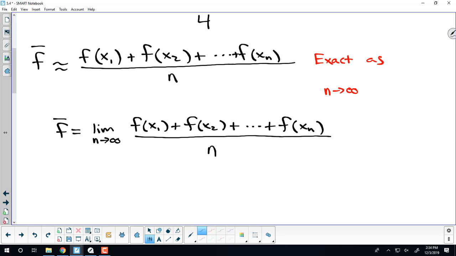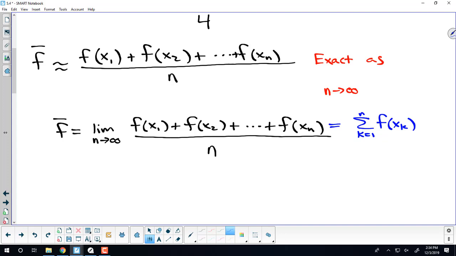And in order to make a little bit more sense out of this expression, notice this top part. That top part, written as shorthand, is just the sum from k equals 1 to n of f of x sub k. All right, we're just summing up y values up top.